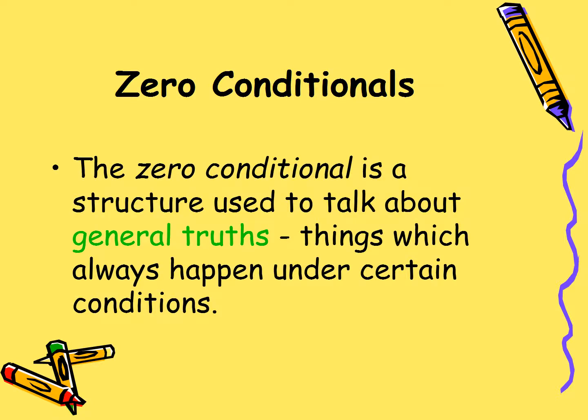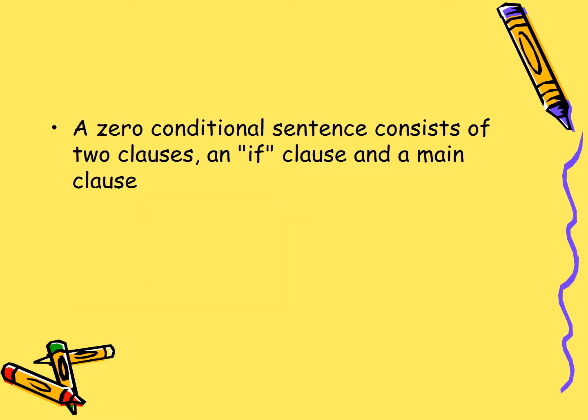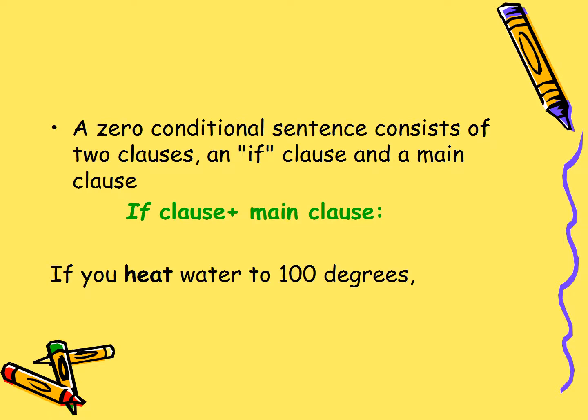The zero conditional is a structure used to talk about general truths, things which always happen under certain conditions. A zero conditional sentence consists of two clauses, an if clause and a main clause.